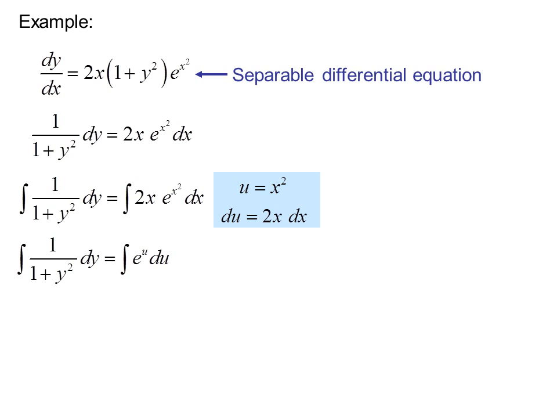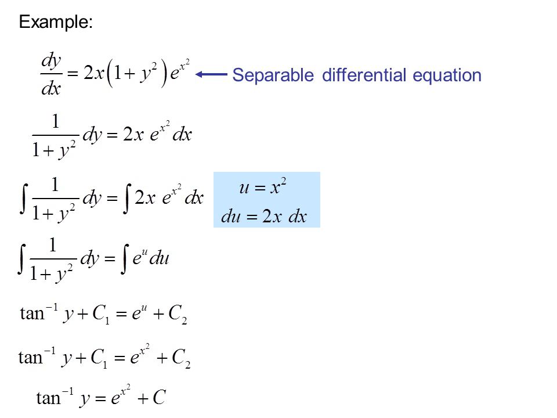So when we integrate both sides, we get inverse tangent y plus constant 1 equals e to the u plus constant 2. Now we substitute back in the value for u, which is x squared. Combine the constants.